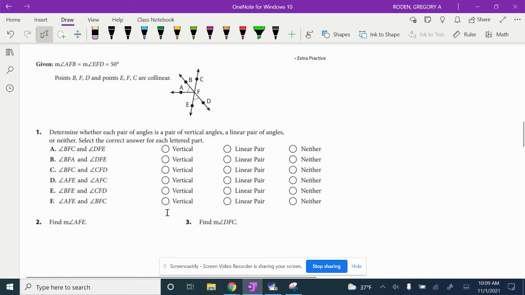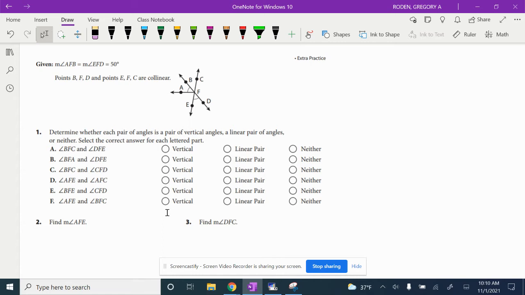Here's what I want you guys to do, and I printed all this out. I want you to determine whether each pair of angles is vertical, linear pair, or neither. Select the correct answer for each lettered part. This will make you figure out how to name angles and decide whether they're vertical, linear pair, or neither.